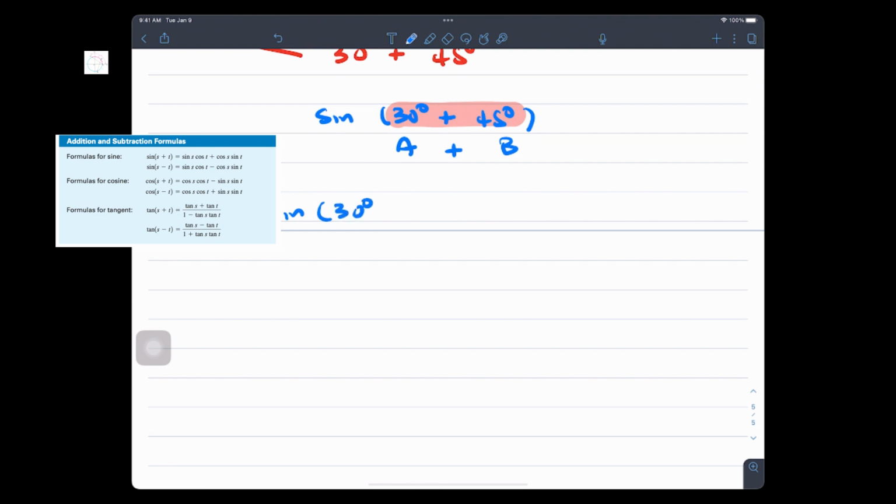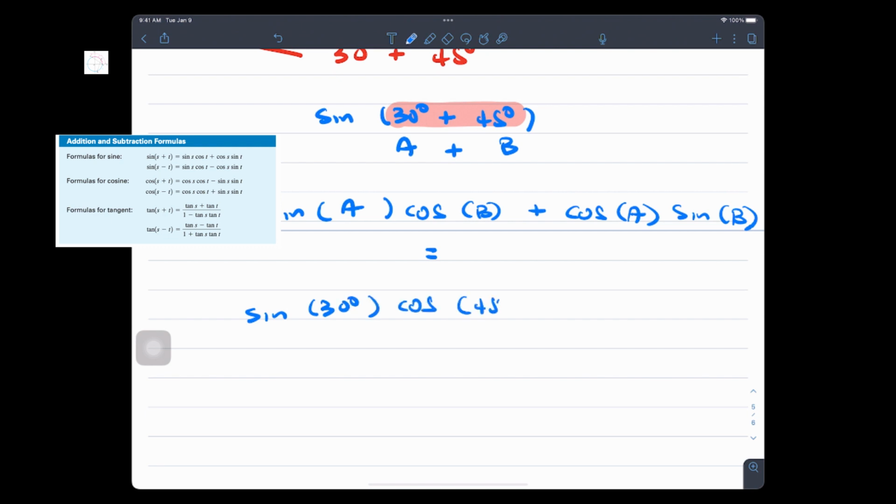So that's going to give you sine 30 degrees cosine 45 plus cosine 30 sine 45.